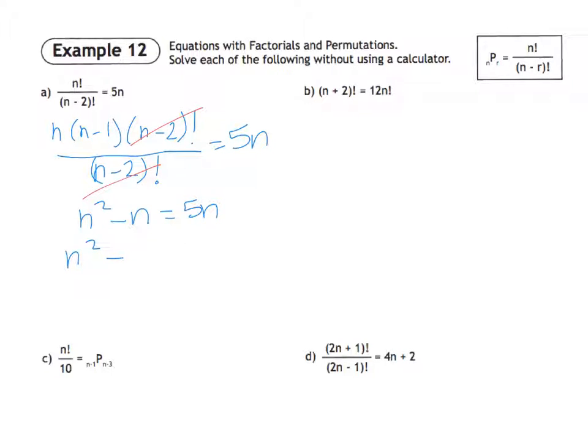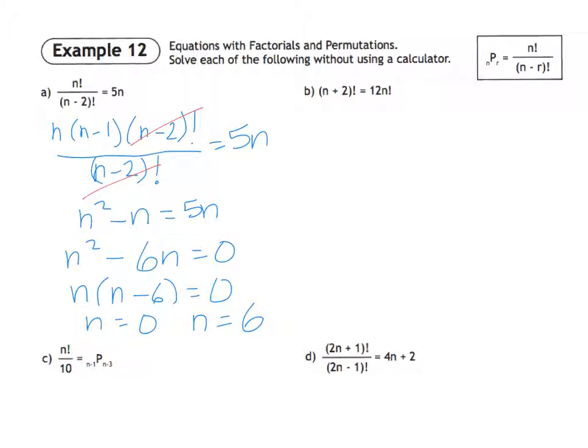And then if I move the 5n over, I get n squared minus 6n equals 0. And I can solve that by factoring. Just remove a common factor of n, giving n times (n minus 6), which tells me that n equals 0 and n equals 6. But I'm wondering if both of those answers are valid.